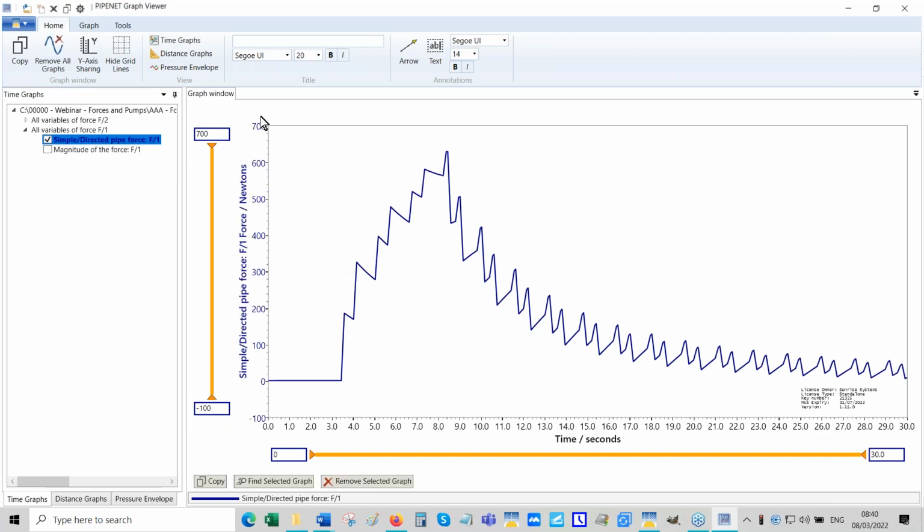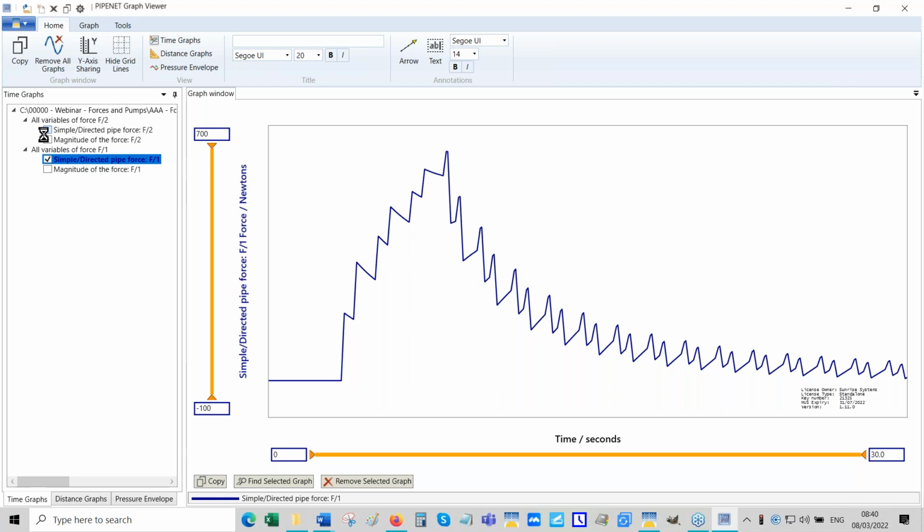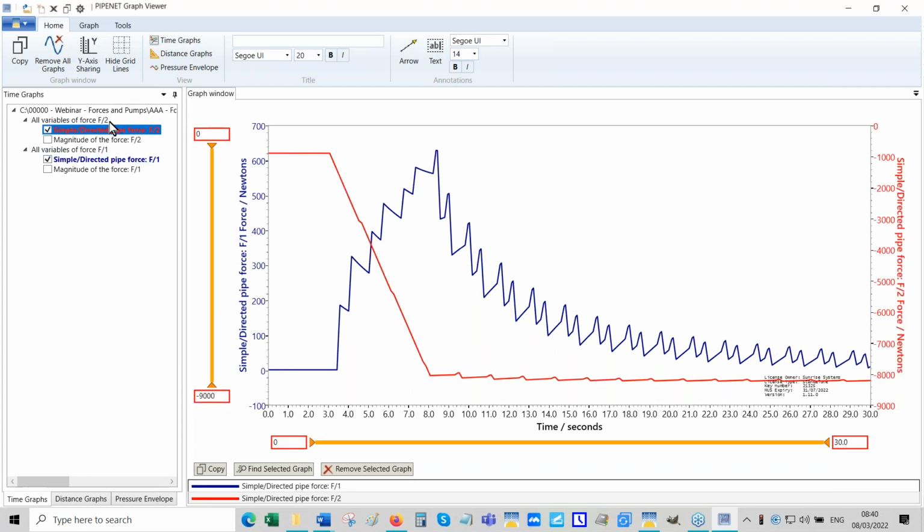Okay, that's the force. It's quite small, as you can see. That's the force. F2 is the force with an elastic joint.